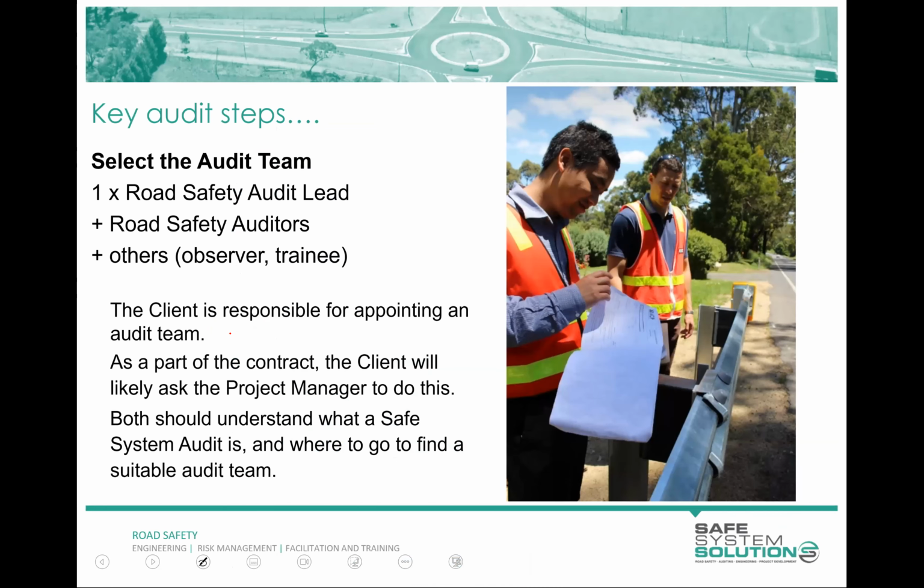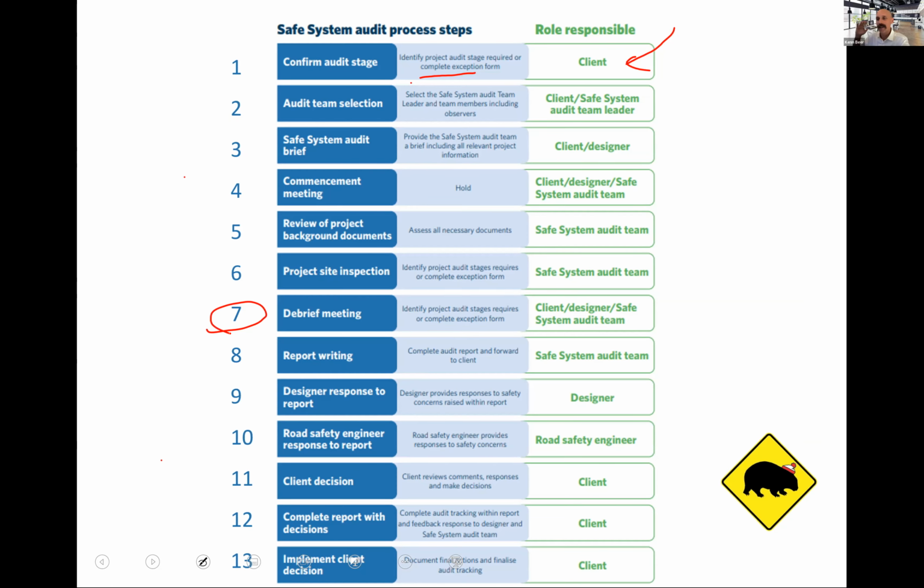There were quite a few comments on that, Ken. Okay, I bet there were. Just a couple of comments about steps 6 and 7 descriptions perhaps being wrong. Identify project audit stages required. Yeah. So I've snipped this directly out of the Waka Kotahi guide. So that looks like it's the same as that, isn't it?